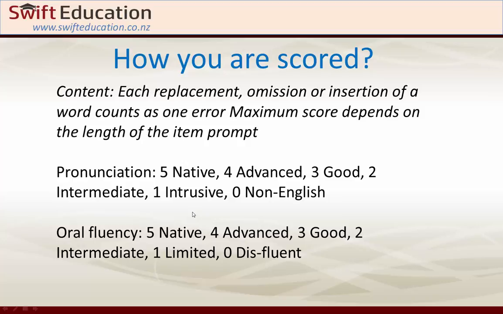Then there is oral fluency, which is scored by determining if your rhythm, phrasing, and stress are smooth. The best responses are spoken at a constant and natural rate of speech with appropriate phrasing. Again, it's monitored on a scale of 5 to 0, 5 being native, 0 being disfluent or non-fluent at all. Then you get 4, 3, 2, 1, which is advanced, good, intermediate, and limited.